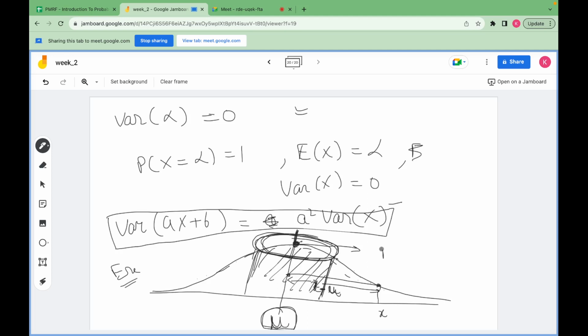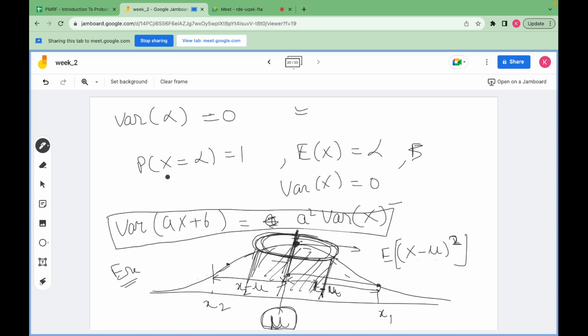So while finding the variance, we are calculating the expectation of this, x minus mu. Similarly, here it will be x minus mu. Let's say this is x1, this is x2, this is x1 minus mu, this is x2 minus mu. That's why we are taking the square. We are taking how much the values are deviating from their mean value.